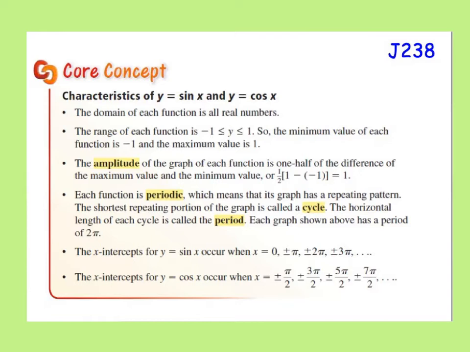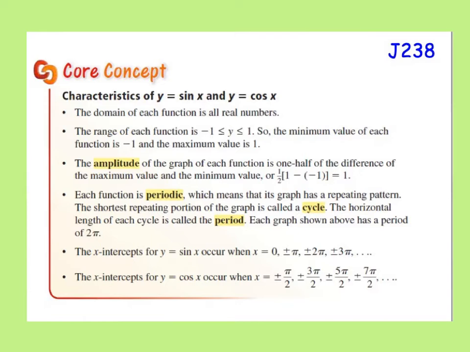Each function is periodic, which means that its graph has a repeating pattern. The shortest repeating portion of the graph is called a cycle. The horizontal length of each cycle is called a period. Each graph shown above has a period of 2 pi.